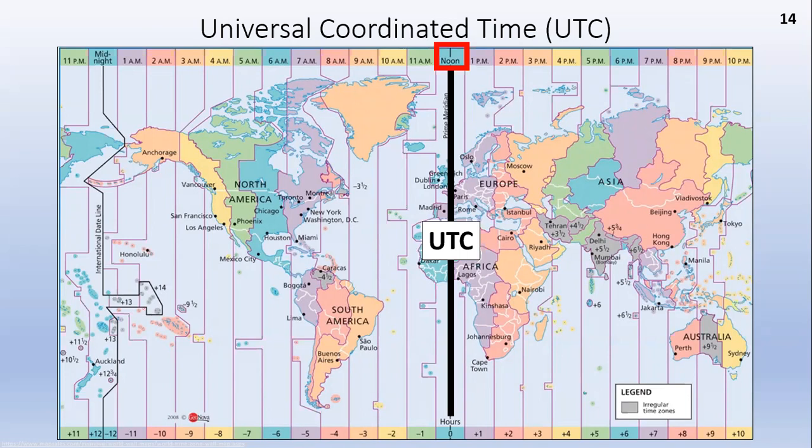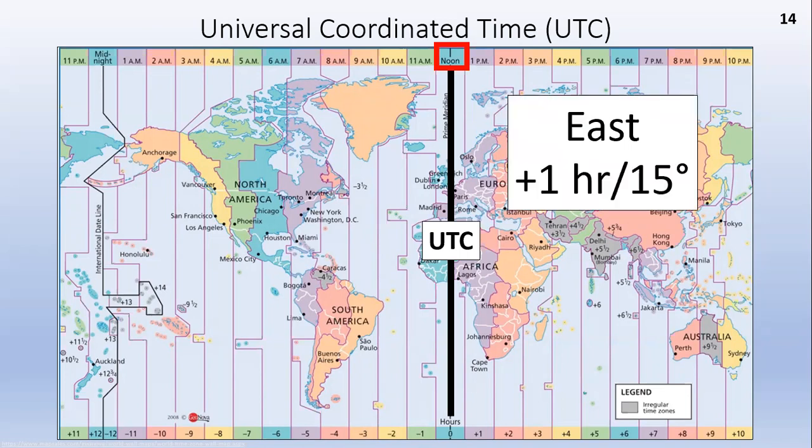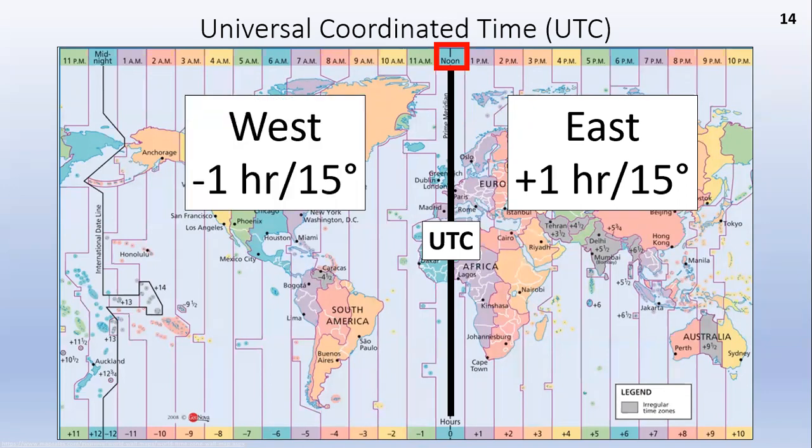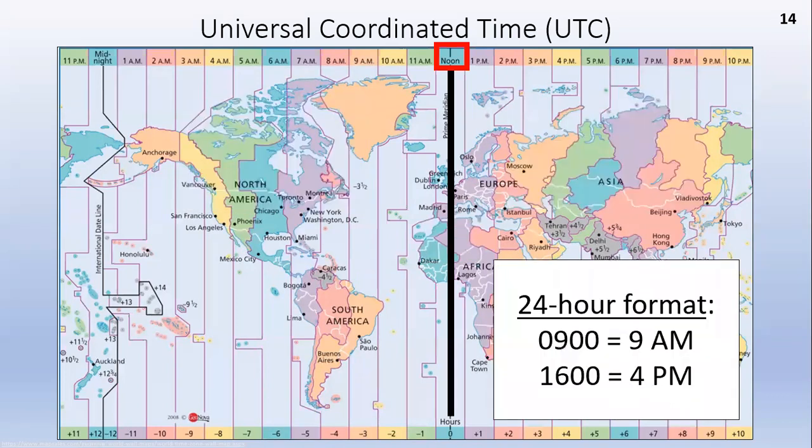To determine one's local time from UTC time, 1 hour is added to UTC time for every 15 degrees of longitude to the east, and 1 hour is subtracted from UTC time for every 15 degrees of longitude to the west. Additionally, to avoid confusion of morning and evening hours, time is reported in a 24-hour format.